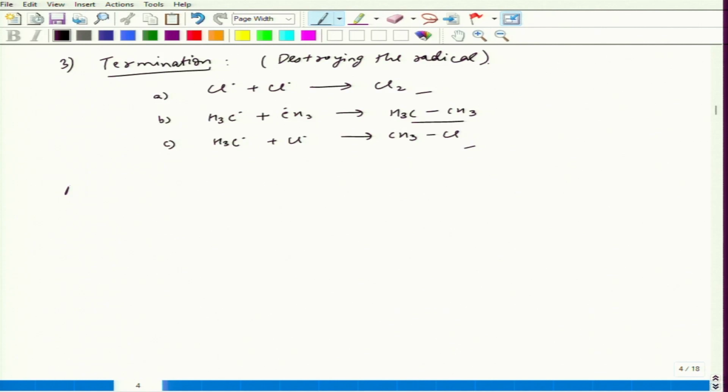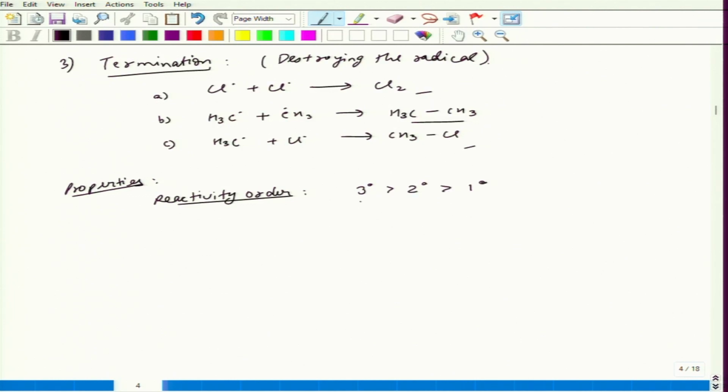Now, there are a few properties for this reaction. The reactivity order: 3 degree alkane reacts faster than 2 degree alkane, and then 1 degree alkane.